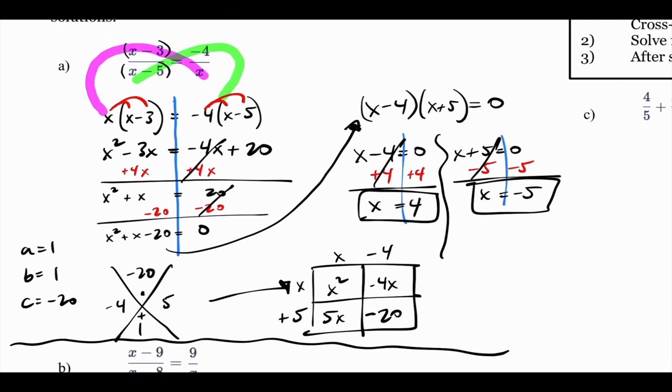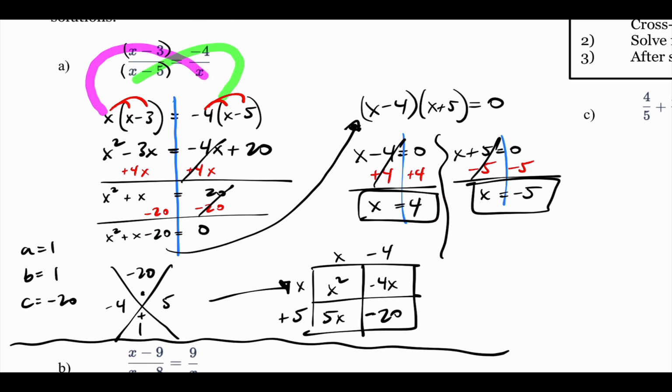So I'll stop right there for a second. Last step, I have to check to see if it's extraneous. Okay, so at the bottom, the two denominators. If I were to plug in a 4, 4 minus 5 is negative 1. That's okay, negative 1 is close to 0, but it's not 0. Here, I just plug in a 4, I just get 4.